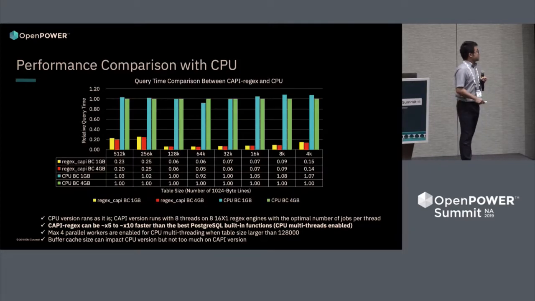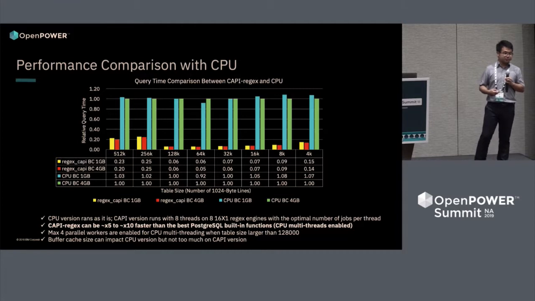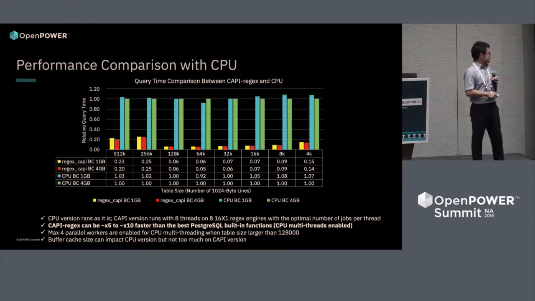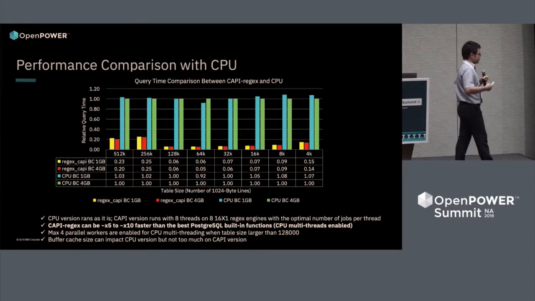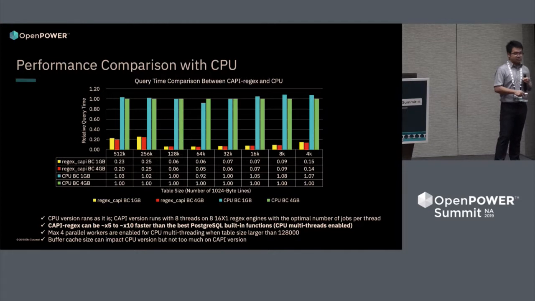Okay, here is the result comparing our acceleration with the CPU version. We have 4 data points, 2 for CAPI, the other 2 for CPU, with buffer cache 1 gigabyte and 4 gigabytes respectively. From this picture, we can see that compared with the CPU, our CAPI acceleration gives a 5 times to 10 times speed up.